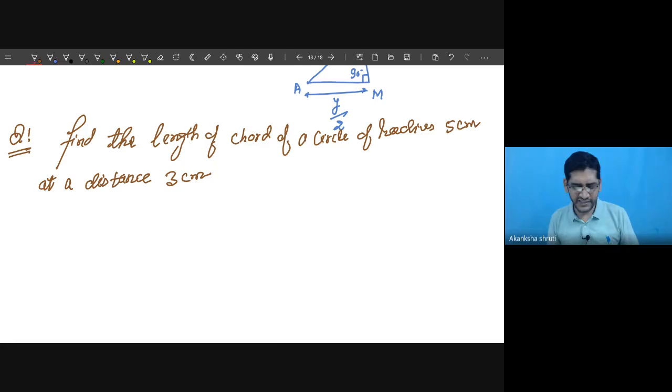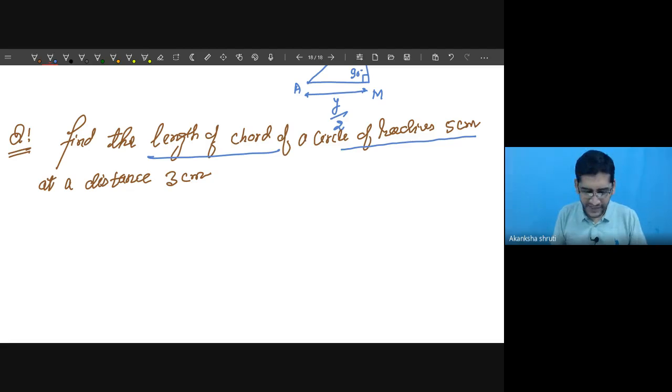Students, are you getting what it means? You have to find the length of chord of a circle whose radius is 5 centimeter, but this chord is at a distance. If you have any ambiguity, then you may write the chord at, or the given chord.